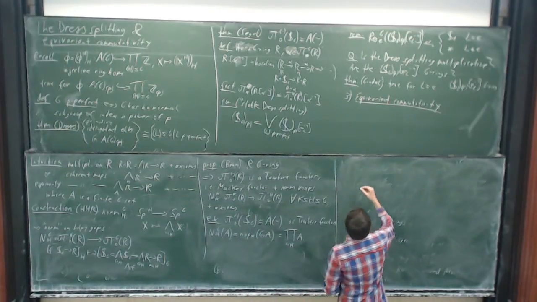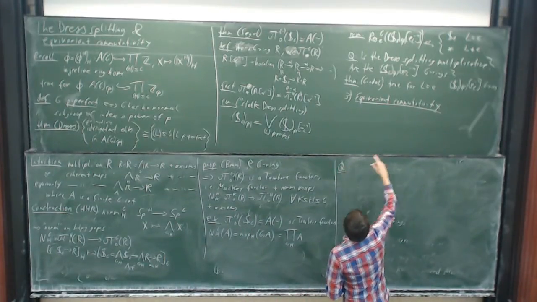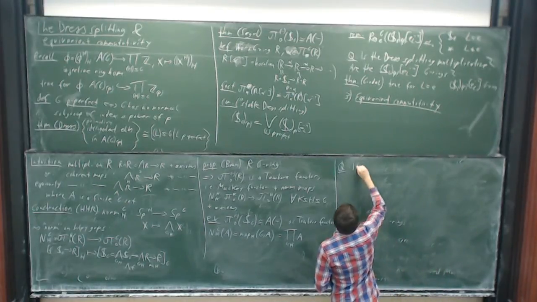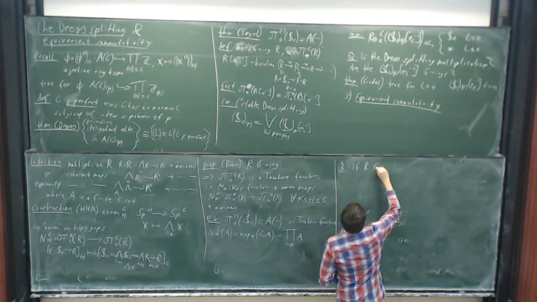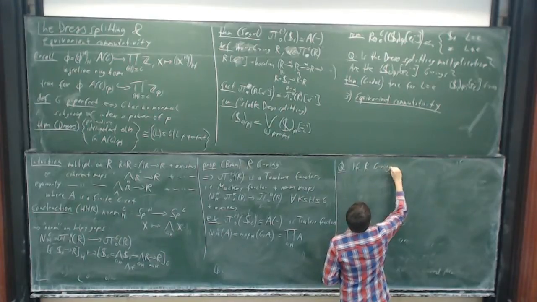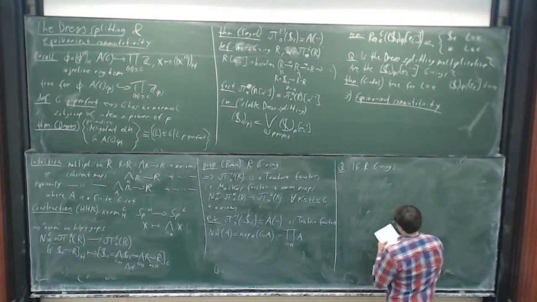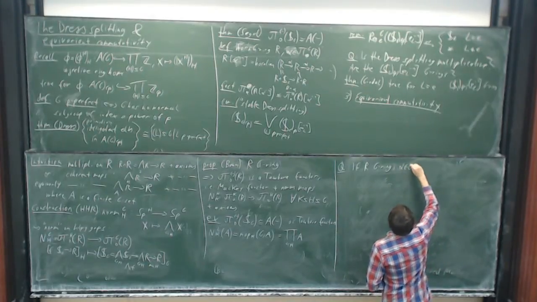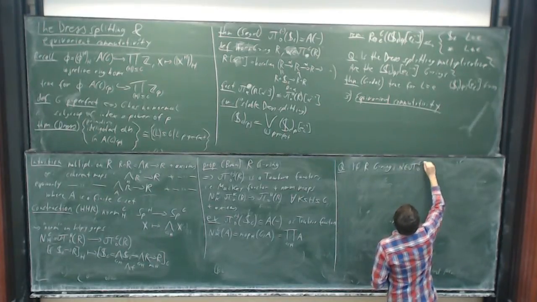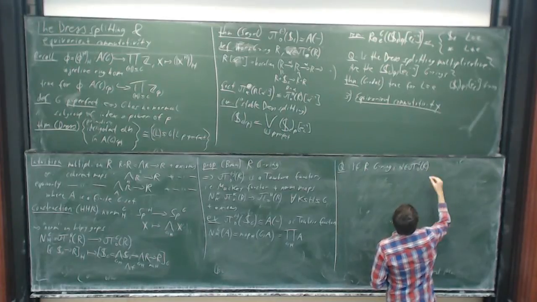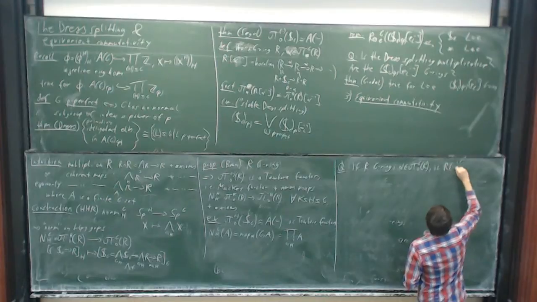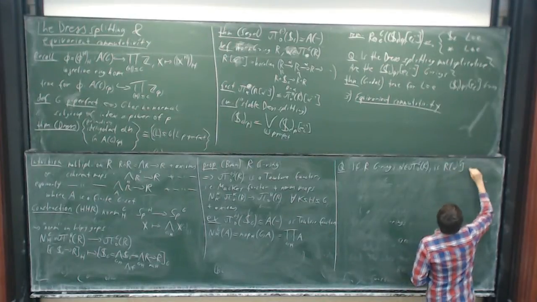So let's go back to our original question, which is right up there. Let's phrase it a little bit more generally. So if R is any G ring, it doesn't have to be the sphere spectrum, but it's what I'm interested in. And if we have some homotopy element like this in R, the question is, is the localization a G ring?